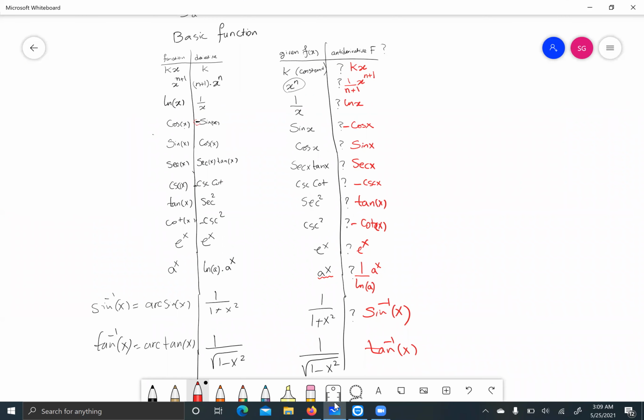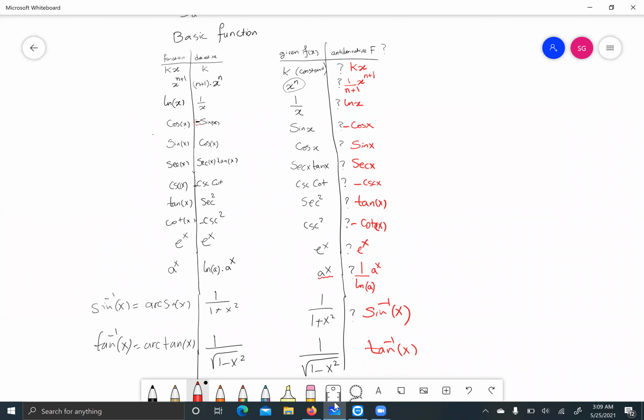This is a square root, which is also a power function. And this is exponential. 5 to the x is exponential. We have a formula for antiderivative for exponential as well. So because it's a summation of basic functions, I can just use this table in order to evaluate this integral.